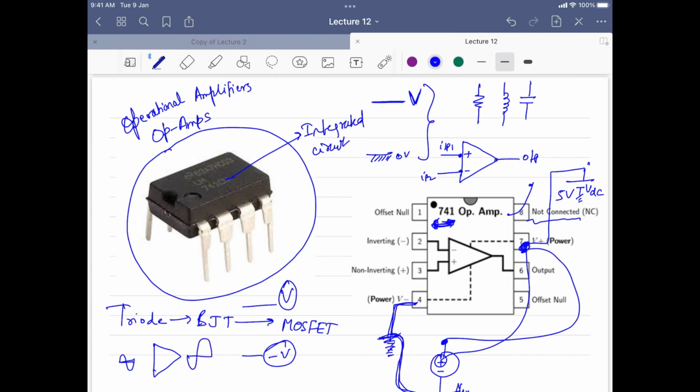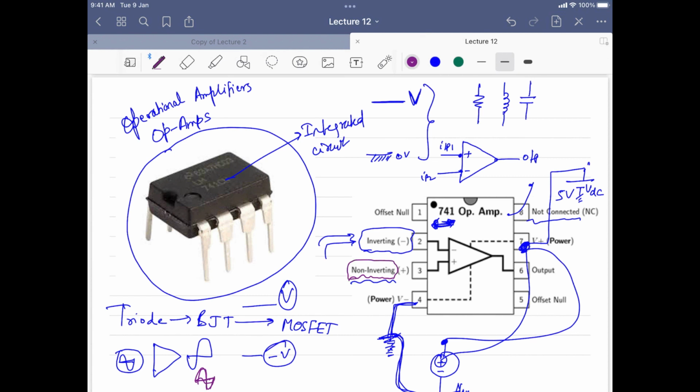That pin is called the inverting pin because whatever signal you apply here, you will get at the output 180 degrees out of phase. That's why it's called the inverting pin. The non-inverting pin means if you apply an input like this, you will get a signal like this only, in the same phase. It will not be out of phase.